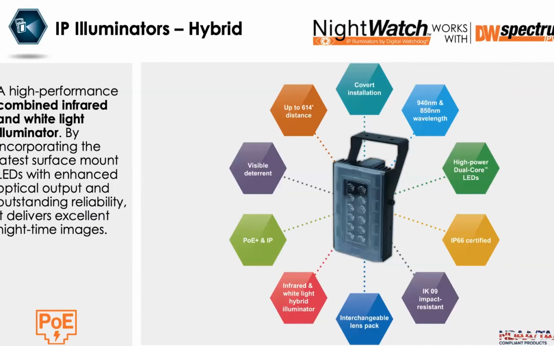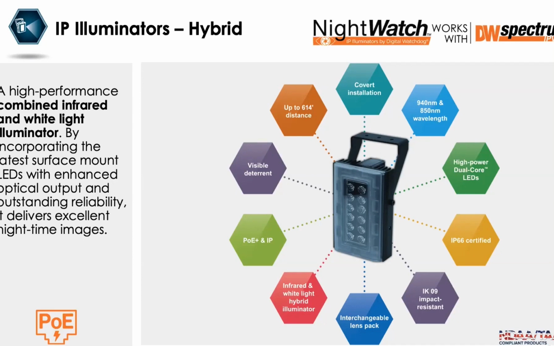Now, moving over to the NightWatch product line, we're really excited about the hybrid illuminator that we have. A hybrid illuminator combines both infrared and white light illumination. Again, this is a PoE powered device. You can get distances up to 614 feet of illumination.